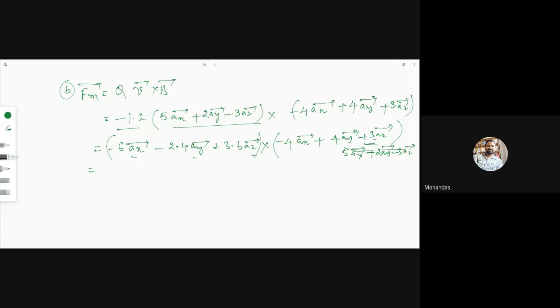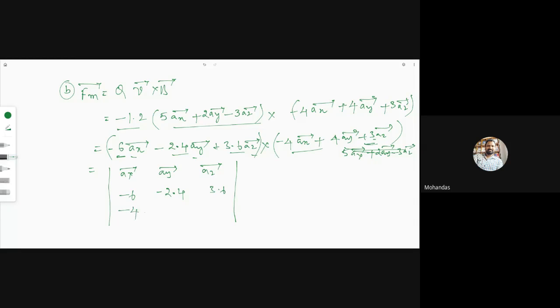The components are minus 6, 2.4 and 3.6. Tell me the vector B components here. Minus 4, 4 and 3.